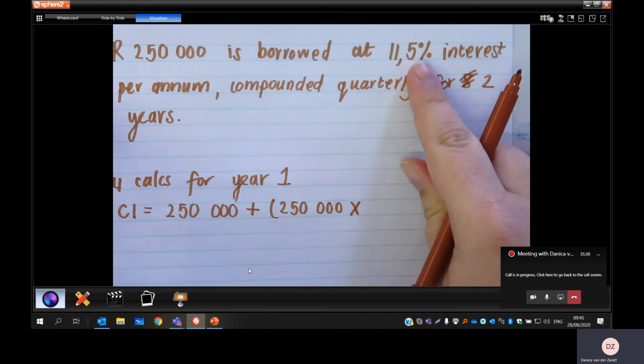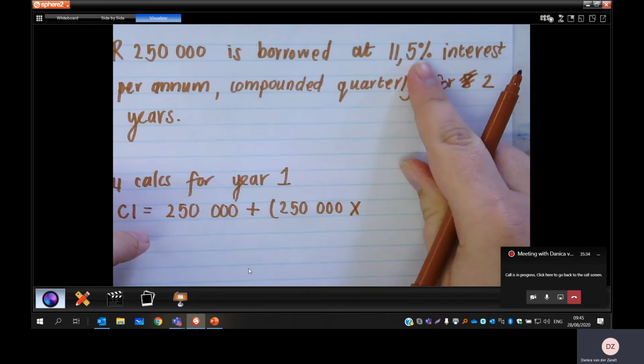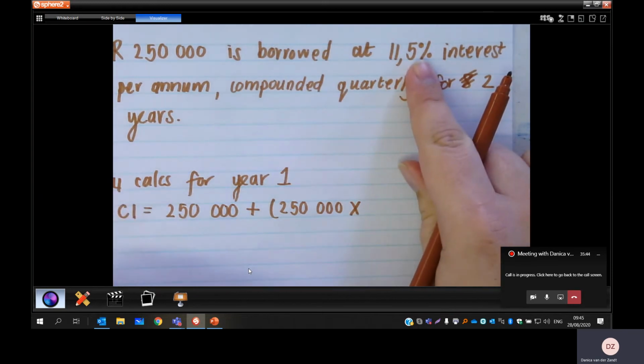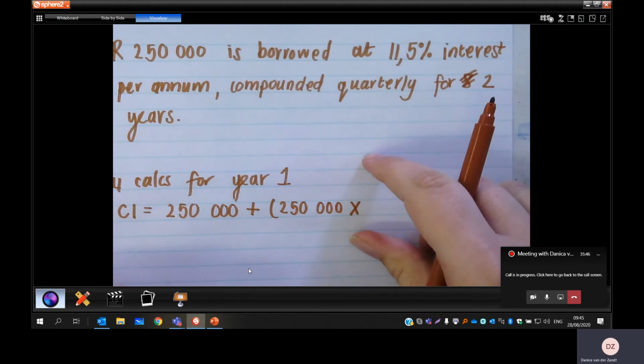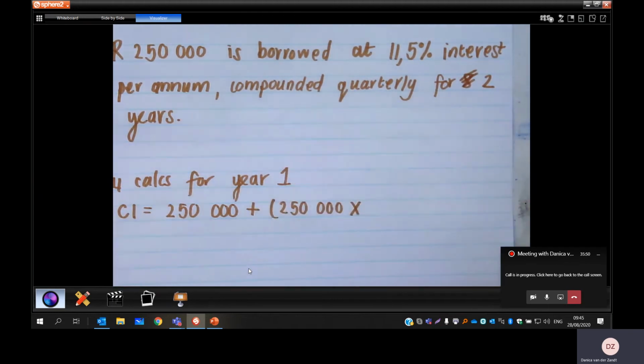So all my interest for the year has to be 11.5%. It's not per compound. So if I'm going per annum 11.5%, how much percentage am I going to get in one compound? Well, quarterly is a quarter of a year, so I need to get a quarter of the interest.